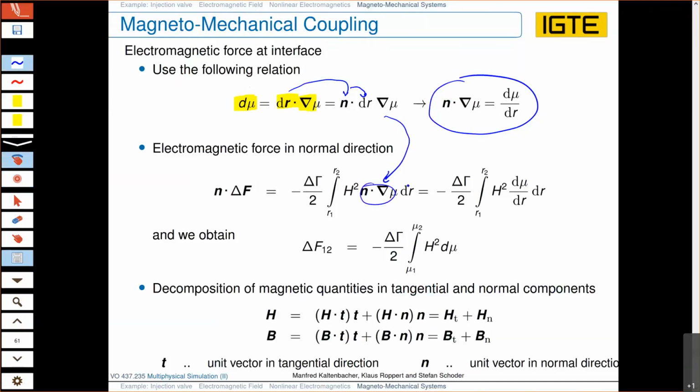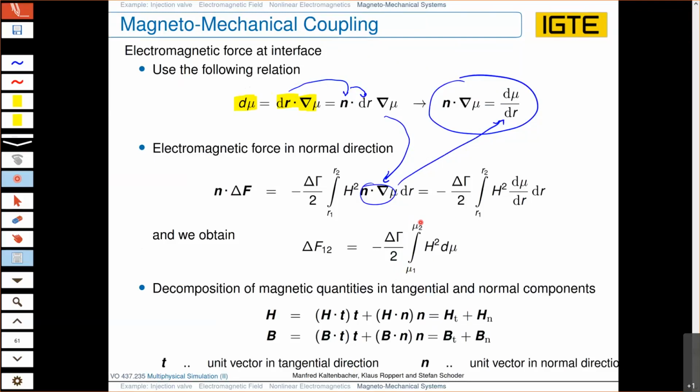We have an integral over h squared and then the total change of the permeability, d mu dr, integrated over dr. So this cancels out, and that means we just have to integrate over the permeability, and therefore we integrate from mu1 to mu2, because at position R1 we have permeability mu1, we are in the subdomain omega1. At position R2 we have permeability mu2, in the subdomain omega2.